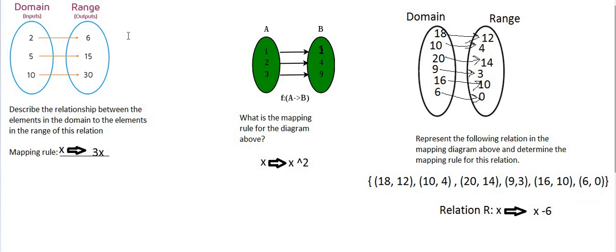And that's it. Like I said before, all you have to do is notice the patterns. What did you do to each value in the domain circle to get the value in the range circle? Or what did you do to the x value to get the y value in the ordered pair?